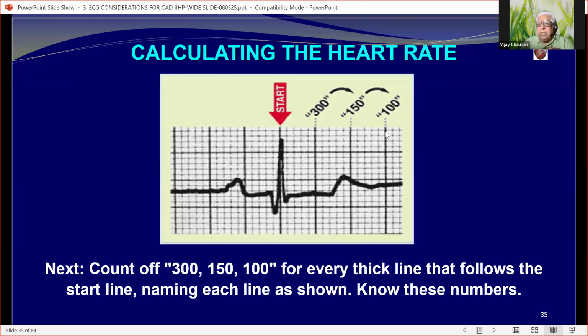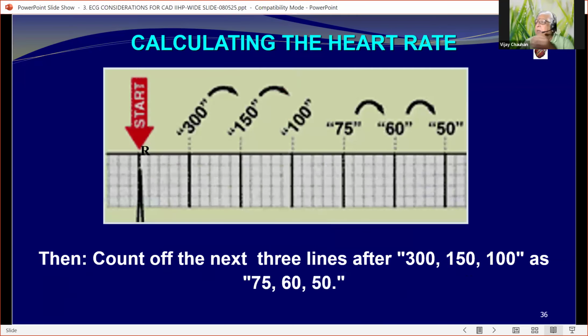If R wave could have been here, 3 big squares, heart rate could be 100. And at 4, there was 75. And 5 big squares, 60 beats per minute. That way, roughly we can just pick up the heart rate looking at the ECG, looking at the QRS complex. Okay. Yes. That is the trick one has to remember like this.